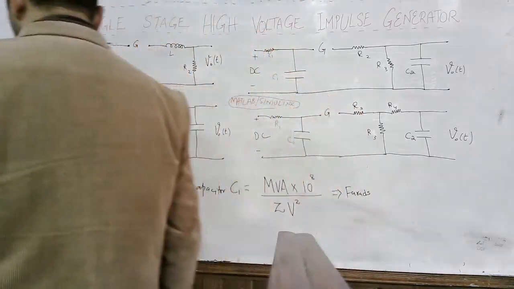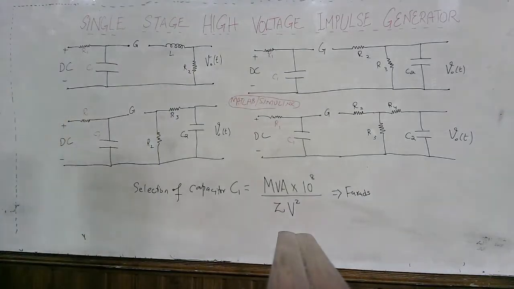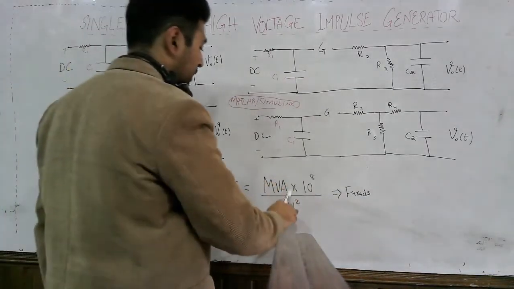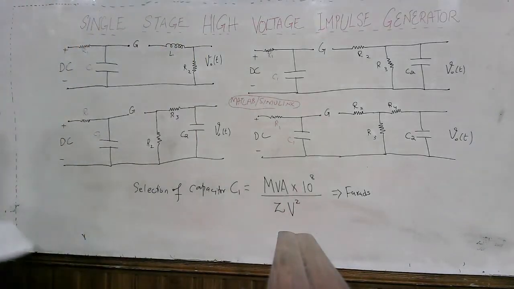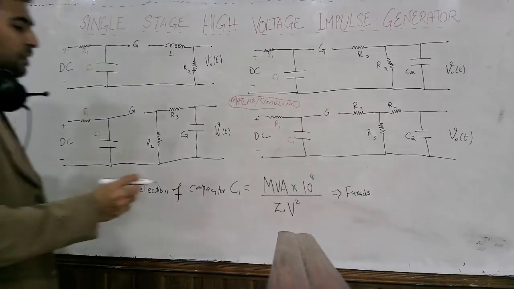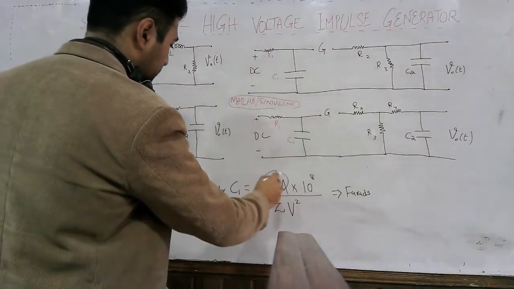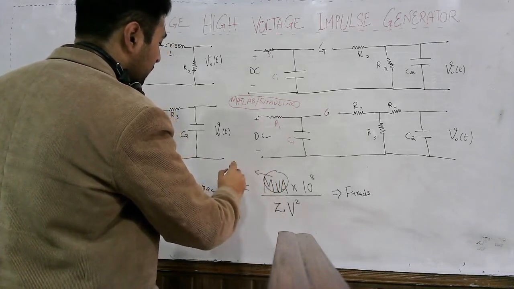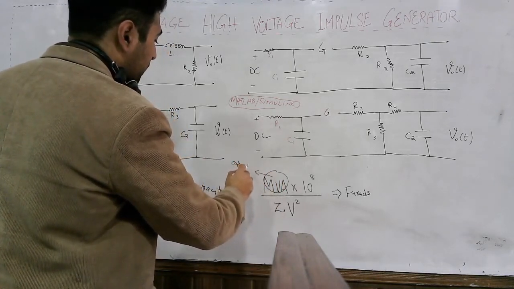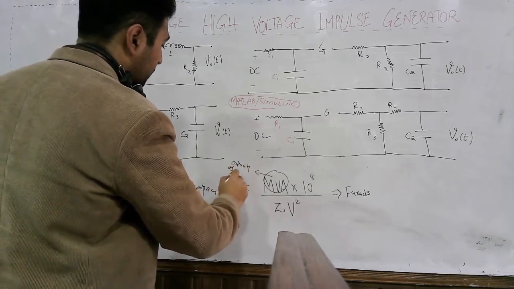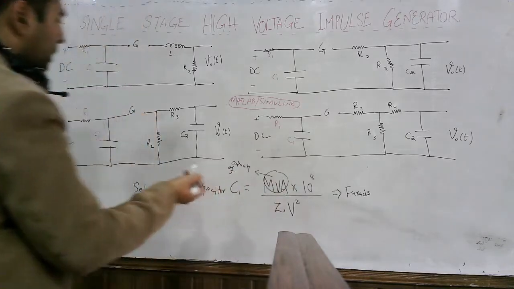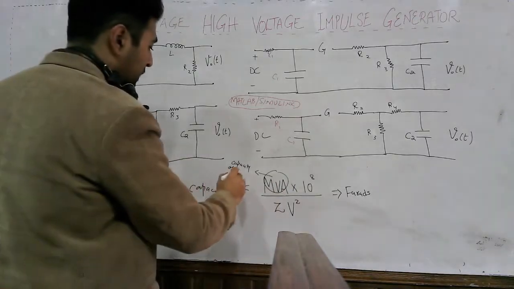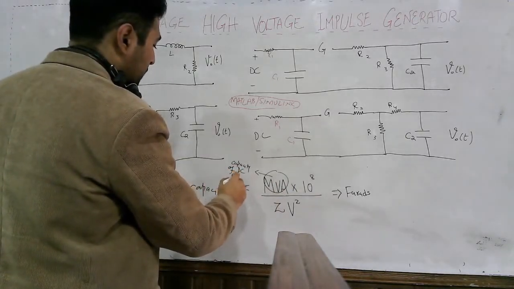Now what is MVA? The megavolt ampere. It is the capacity of the DC supply.